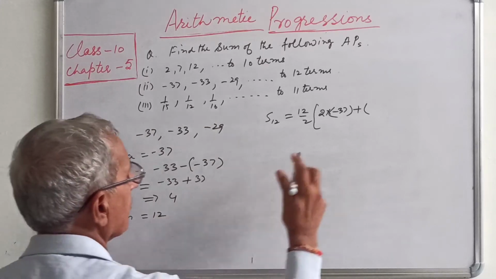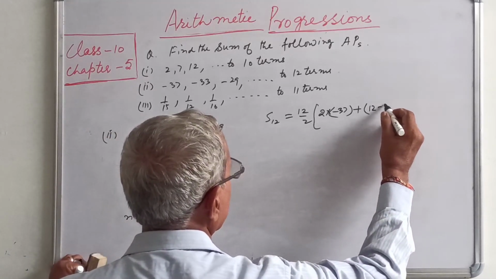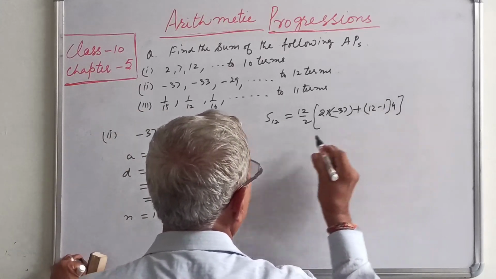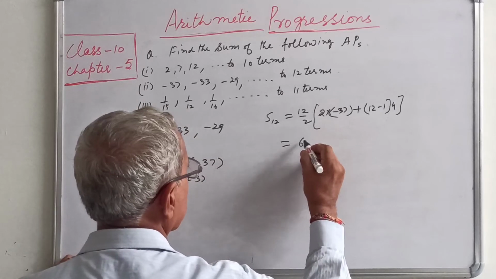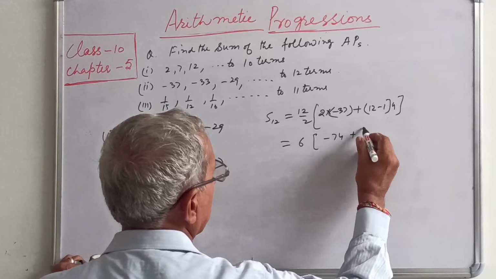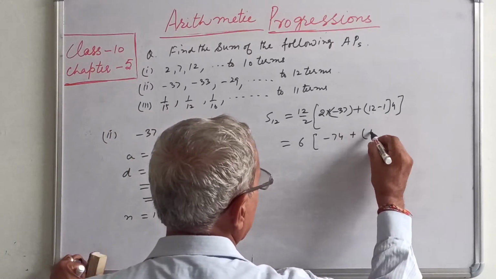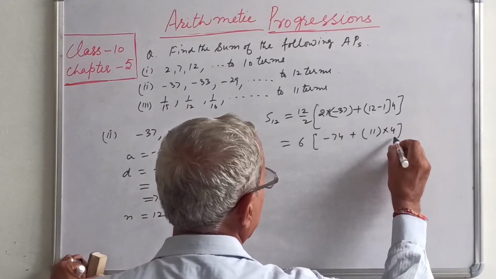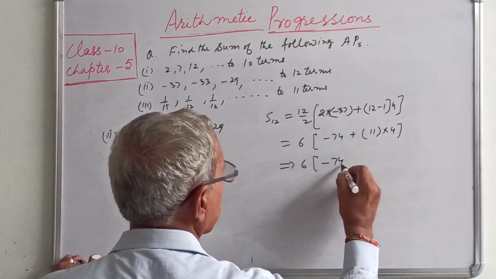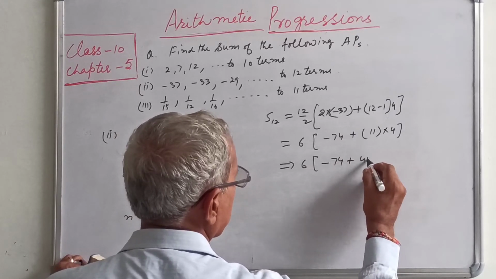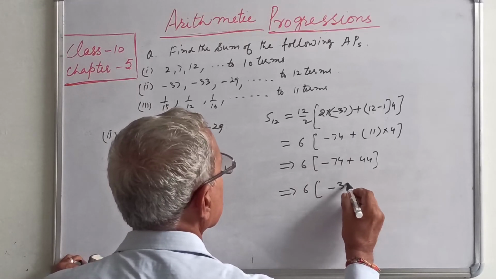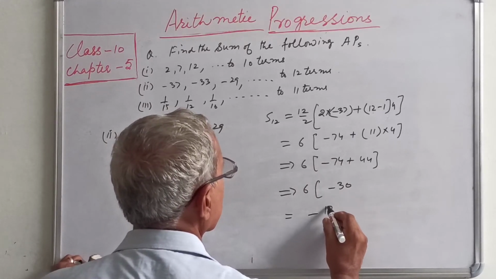So n is 12 minus 1 and D is 4. So इसे कैंसिल किया 6, इससे मल्टीप्लाई किया माइनस 74, 12 में से 1 गया तो आ गया 11, मल्टीप्लाई बाई 4 तो 44, 6 into minus 74 plus 44, so 6 into minus 30, so minus 180.